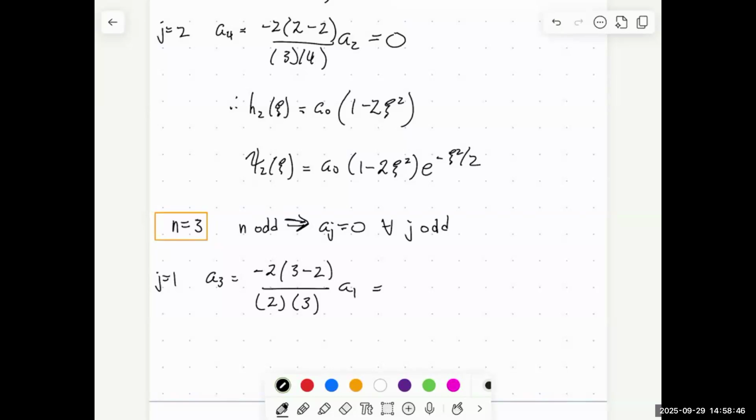And did I do this right? So it's -2 divided by 6. So I get -1/3. Is that right? Let's see. No, I didn't do that right. What did I do wrong? Something's not right.